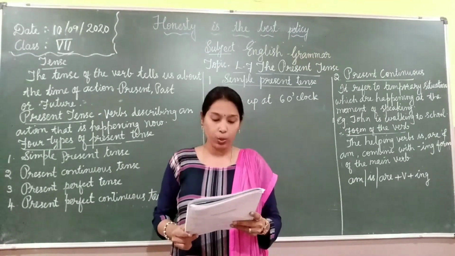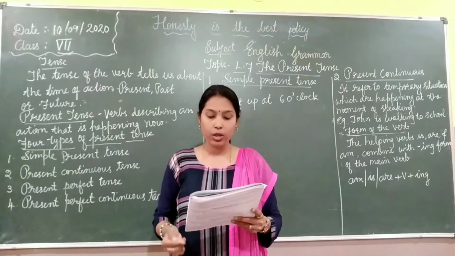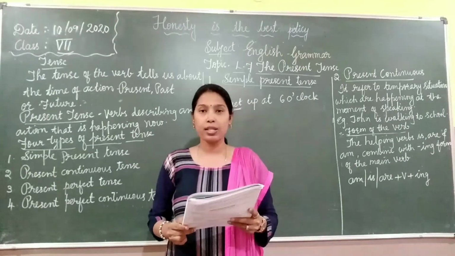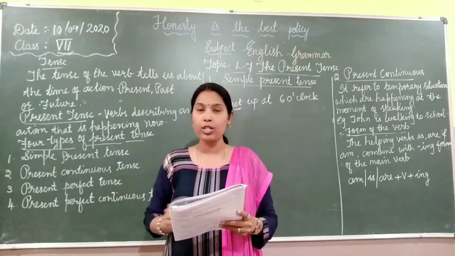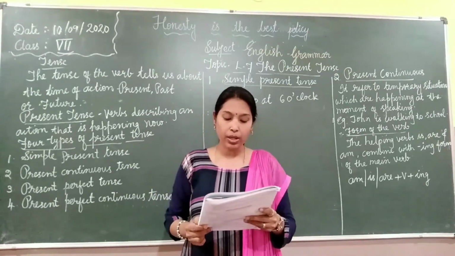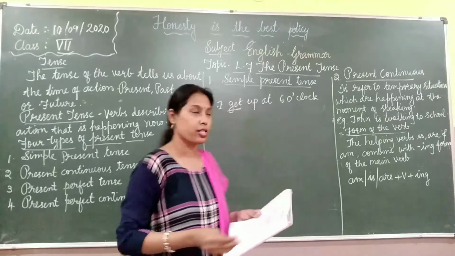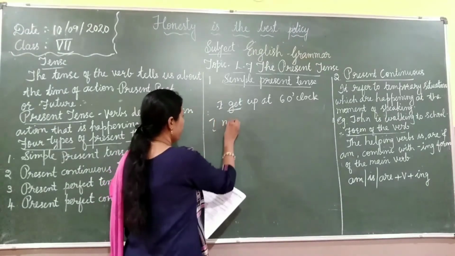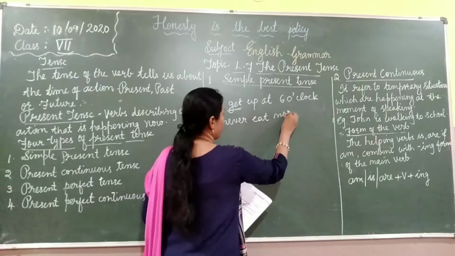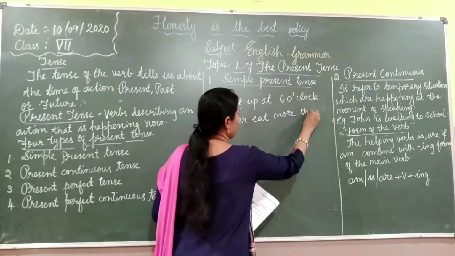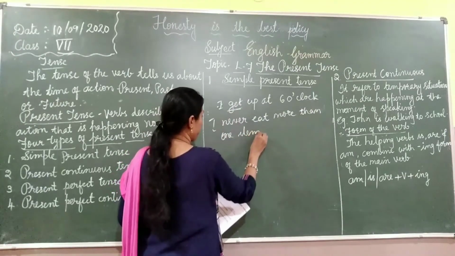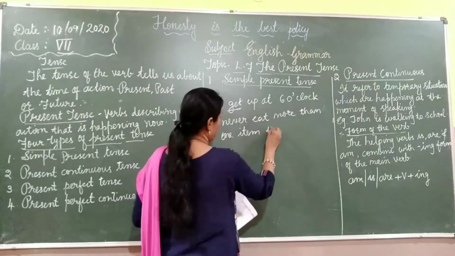Next, with words like always, never, usually, generally, often, every day, once in a month. For all these words we can use the simple present form. Example, I never eat more than one item for lunch.